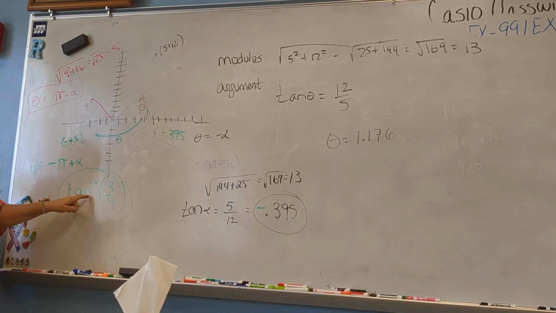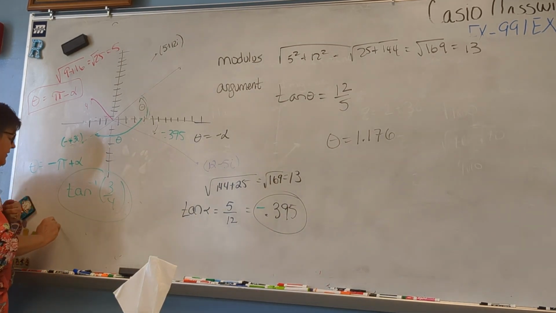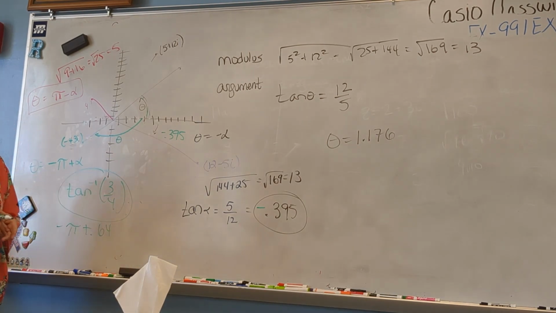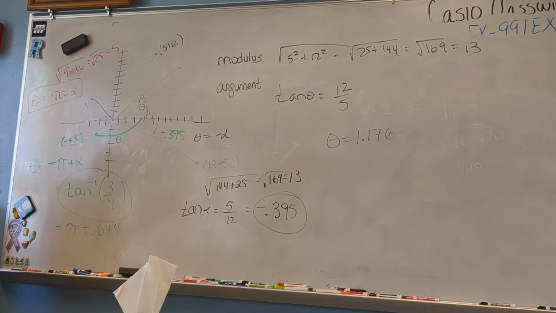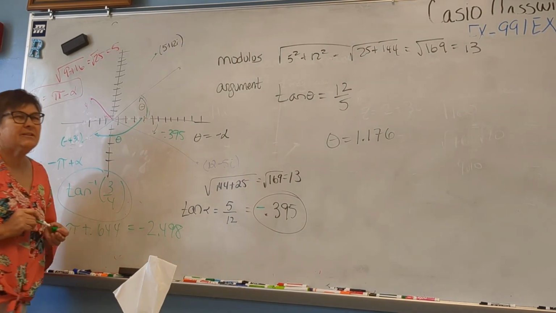So what do we get when we do tan inverse of 3/4? 0.64. Okay, and then do negative pi plus that. -2.498. Yes. And logically, does that make sense?